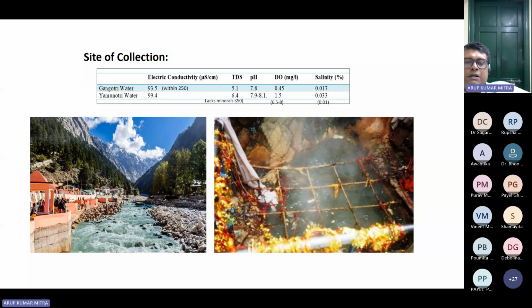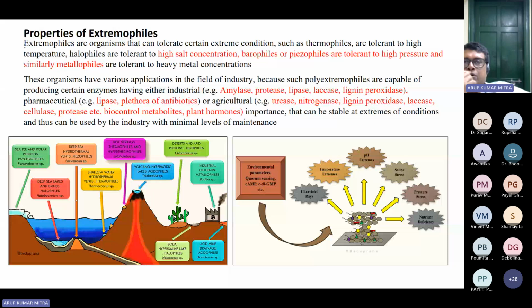In my next outing in Ladakh, I did the same thing, collecting water samples from Somoriri and Pangong Lake, but the result was not as good as from Gangotri and Jamunotri. The samples were brought to the laboratory and we isolated the organisms. But before going into these organisms, I want to share some hand-drawn sketches by one of my scholars.